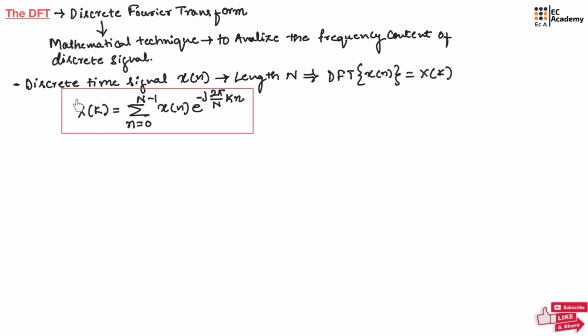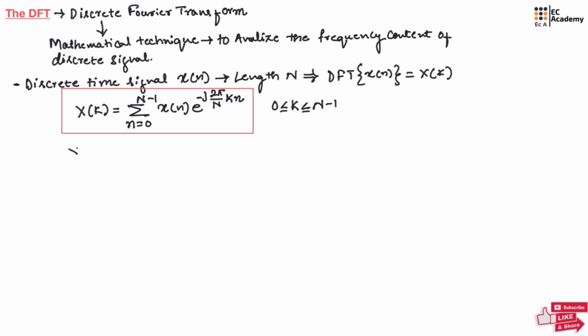So this is the representation of DFT of signal x of n. Here the value of k is ranging between 0 to N minus 1.